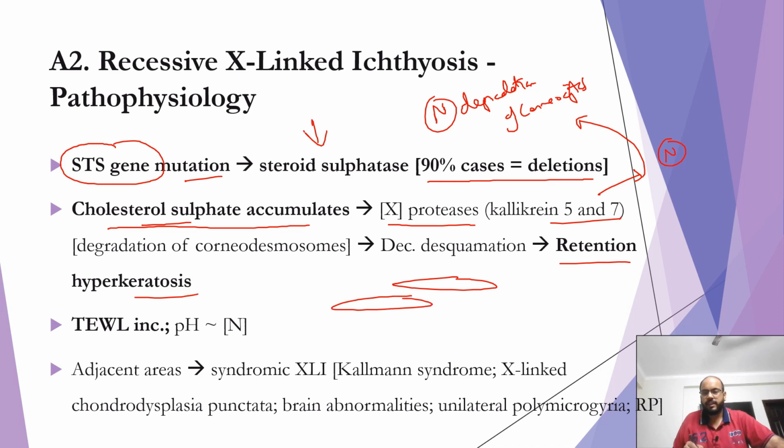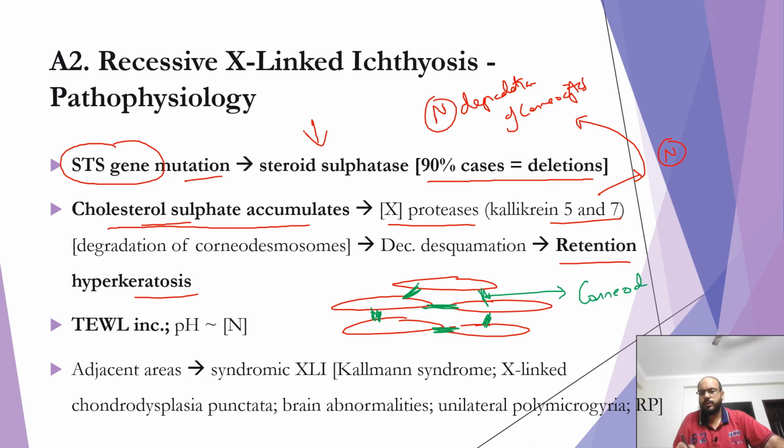You have corneocytes stacked like this normally, and all cells are linked together by desmosomes. But in corneocytes, these are a bit specific and have a different name, corneodesmosomes. When these corneodesmosomes are degraded, the cells eventually lose their attachment and fall off. That is the normal kinetics of the skin.